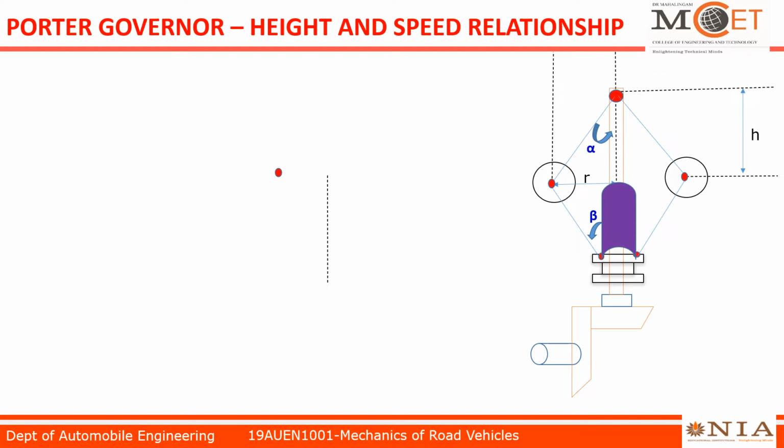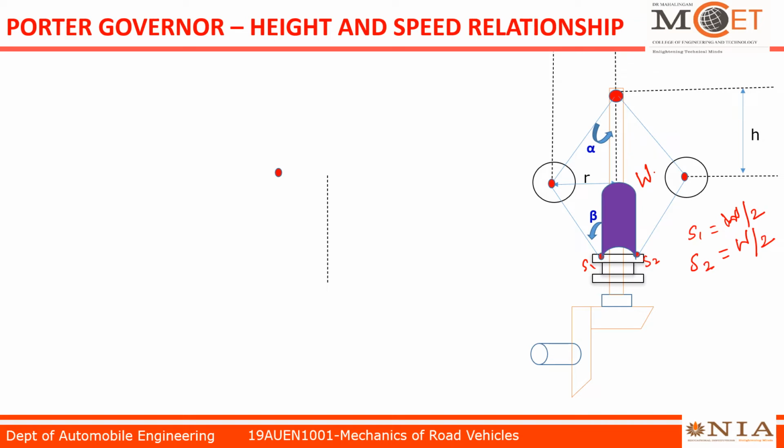This sleeve weight I take as caps W. So at the pivot points here I take S1, S2. At S1 there will be a force caps W by 2. The total sleeve weight on S1 and S2 will be equal, so S1 equals W by 2 and S2 equals W by 2.